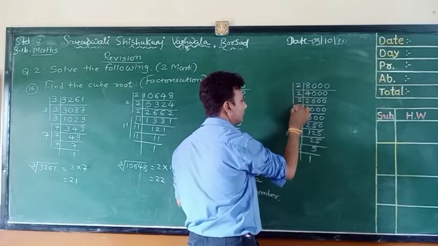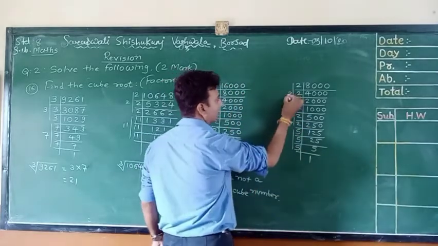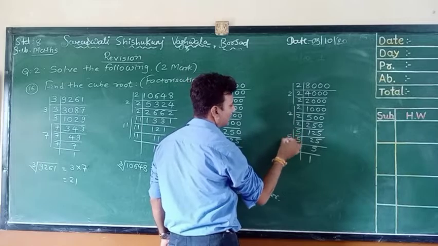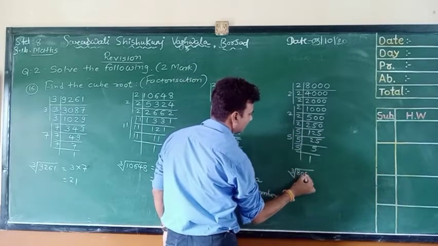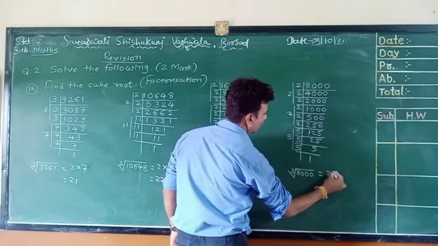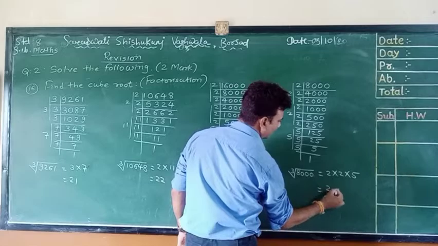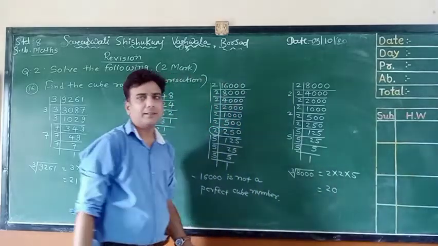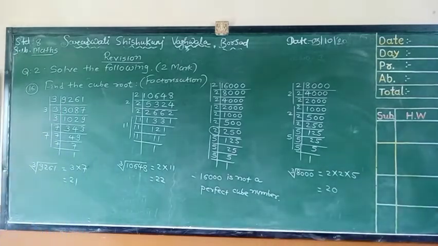So these two and this 5. Okay, so here 3 2, here 3 2, here 3 2. So 8,000: 2 multiply 5, so 5 to the 10 is the 20. So the perfect cube root of 8,000 is 20.